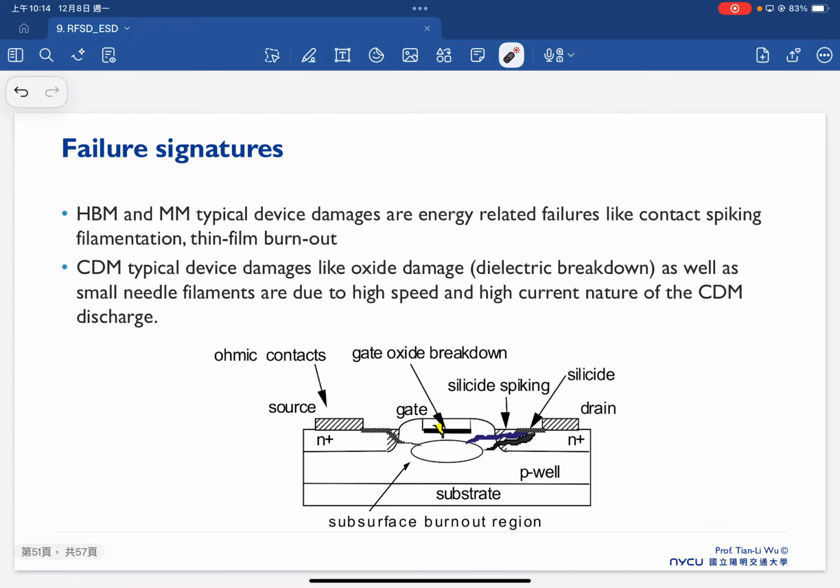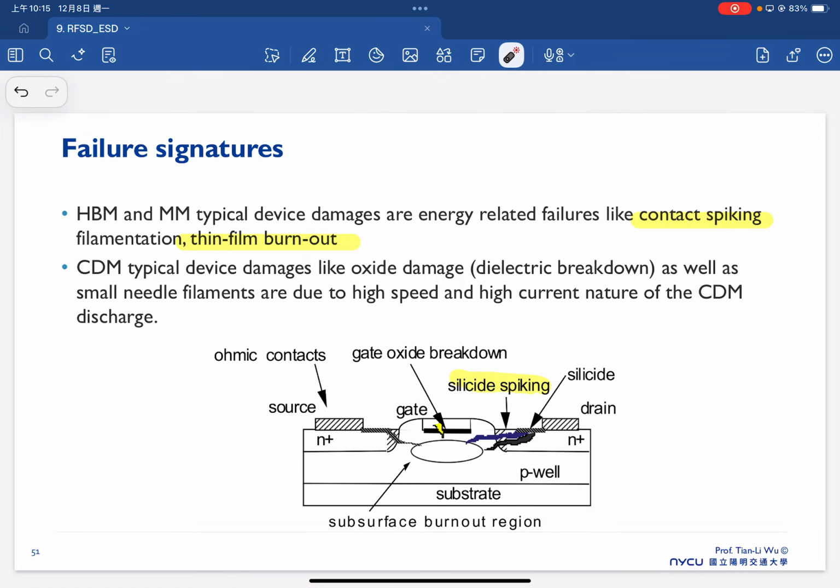If you consider the failure signatures here, the typical device damage for HBM and MM are energy-related failures, for example contact spiking or thin film burn-off. In this case the duration for HBM and MM is relatively long, so we easily see thermal-induced failure, which might be contact spiking and thin film burnout.